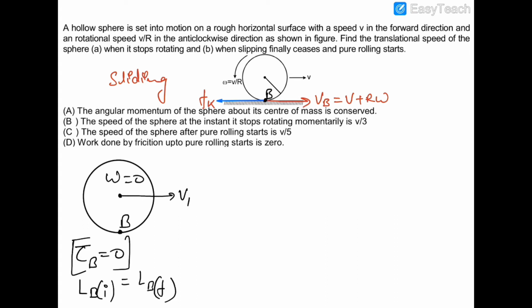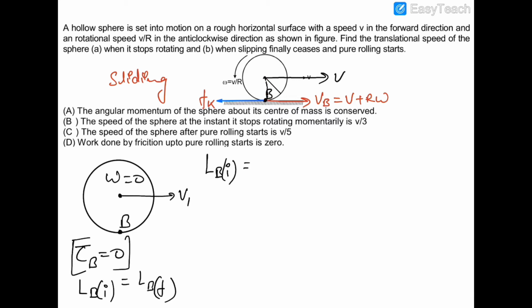So the angular momentum about B initially and finally would be equal. Now the angular momentum about B initially would be mvr. You can see that this sphere is moving with velocity v, and if we draw a perpendicular, then this perpendicular has a length of r.